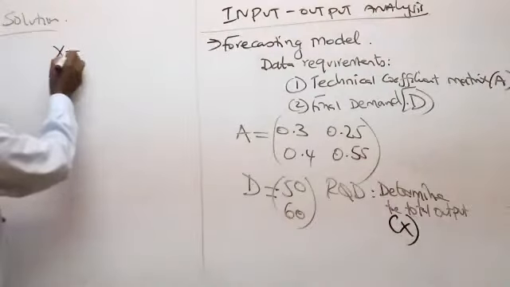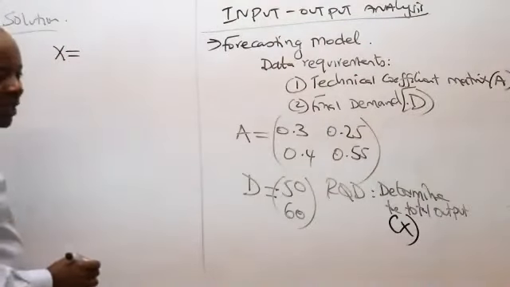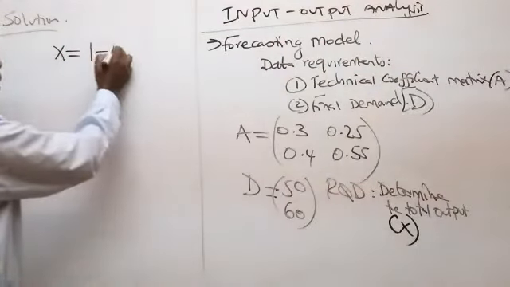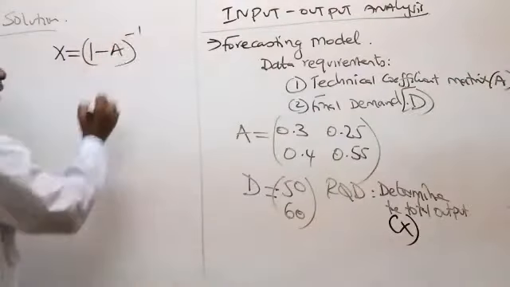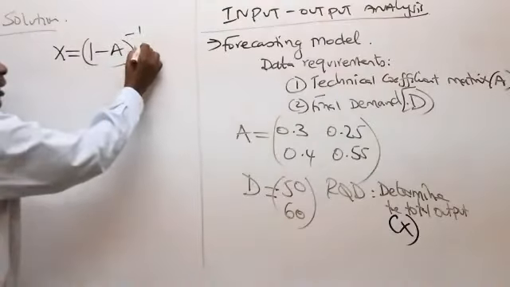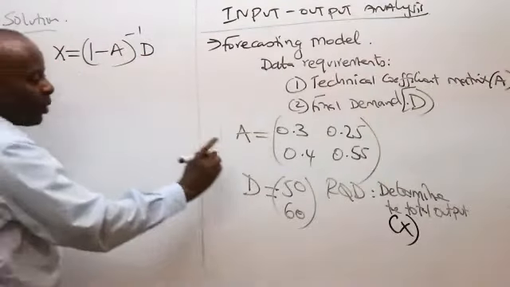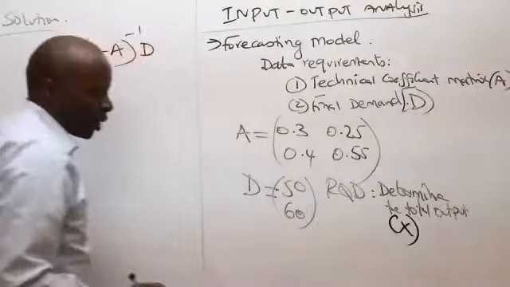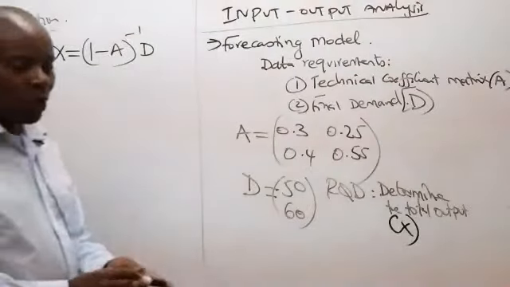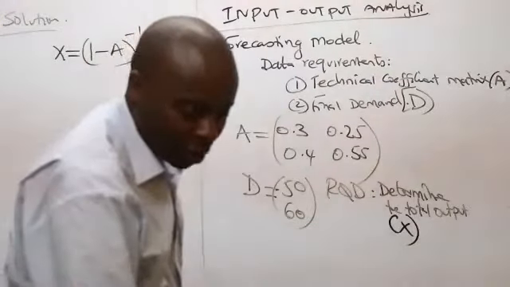To get our X, we shall take I minus A inverse multiplied by D. X is the total output.